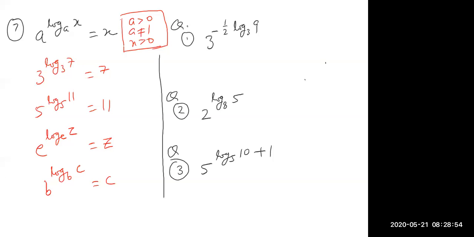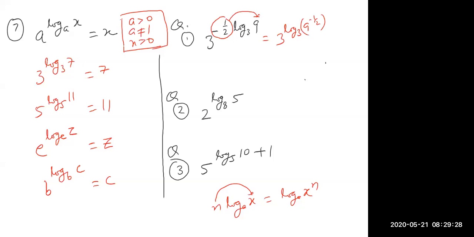See, first one. This is the power. So what was the concept? Suppose n log ax, I can write as log ax raised to power n. So this power goes on the top. So here also this minus half I can take to the power. So 3 raised to power log 3 of 9 raised to power minus half.